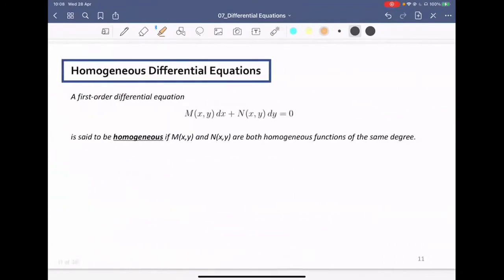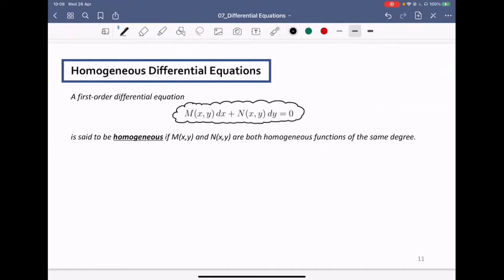Let's talk about differential equations. If you have a differential equation in this form, M(x, y) dx plus N(x, y) dy equal to 0, this is a differential equation in the standard form.